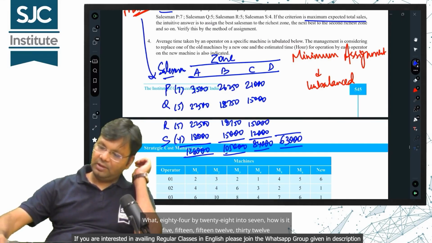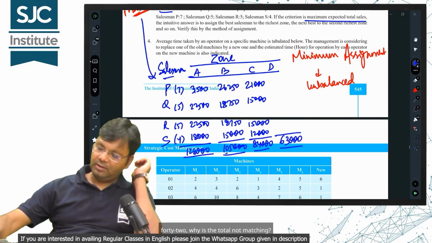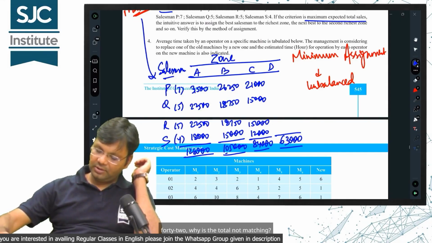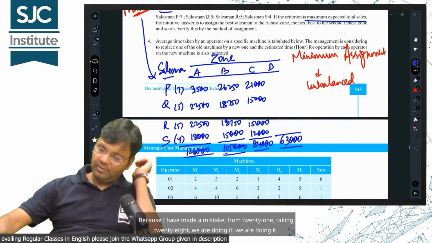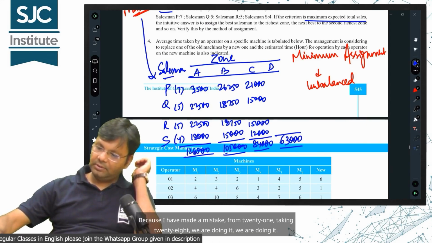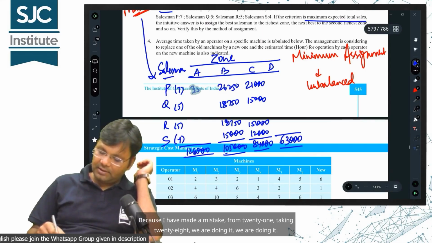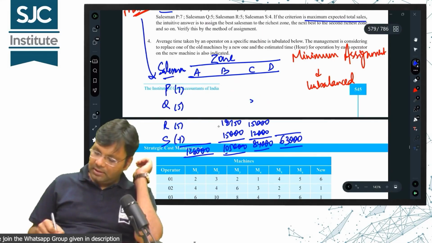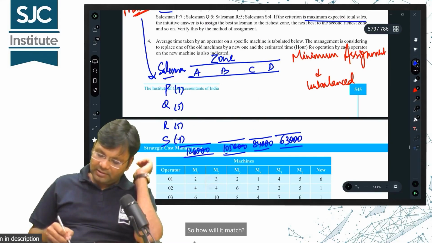How is it 15, 15, 12? Why is the total not matching? Because I have made a mistake: 7, 5, 5, 4 makes 21, and we are doing it from 28. So how will it match?